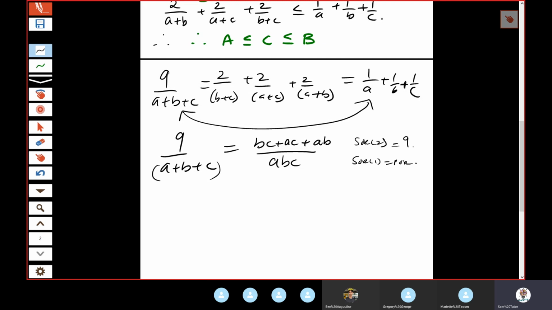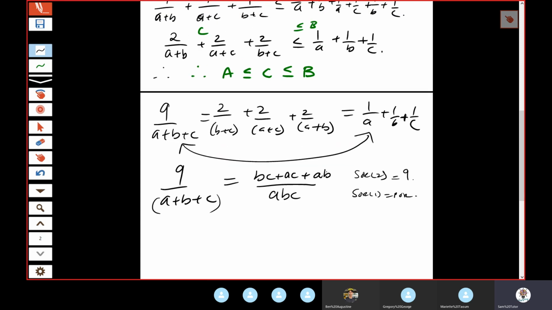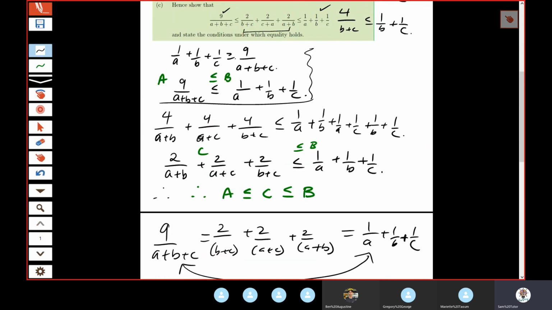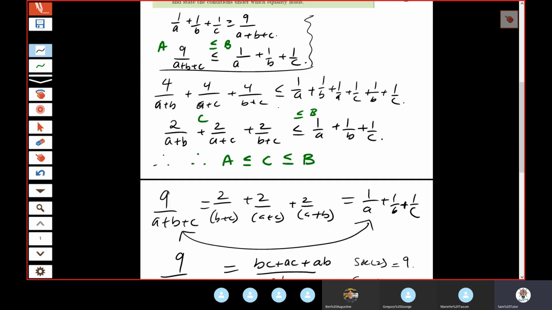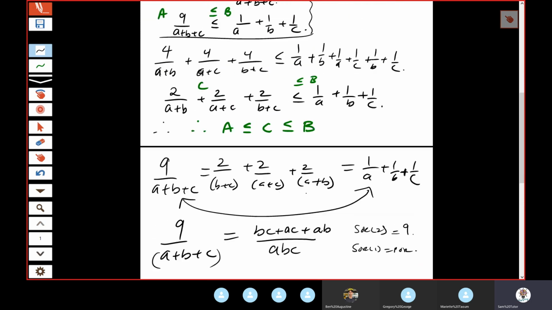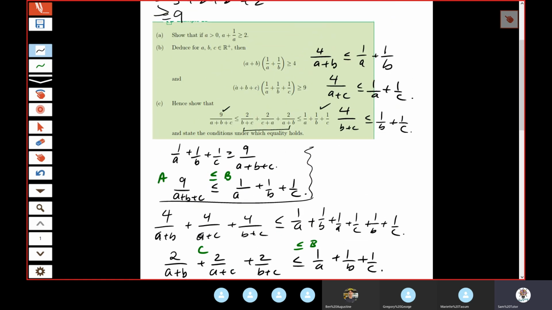Can I get a relationship? Can I get this out? State the conditions under which equality holds. Equality would only hold if b times c plus a times c plus a times b is equal to 9, and the sum of roots a plus b plus c is equal to abc.